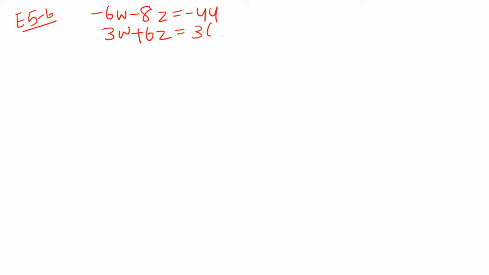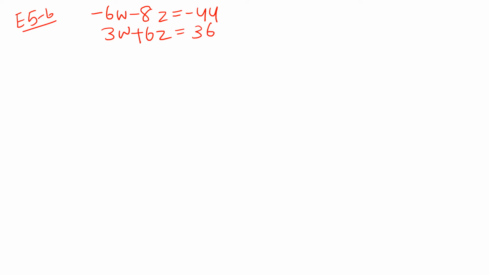Let's solve another question. This is on elimination. So this is example 5 to 6 that I am now covering. The first equation is minus 6w minus 8z is equal to minus 44, and the second equation is 3w plus 6z is equal to 36.